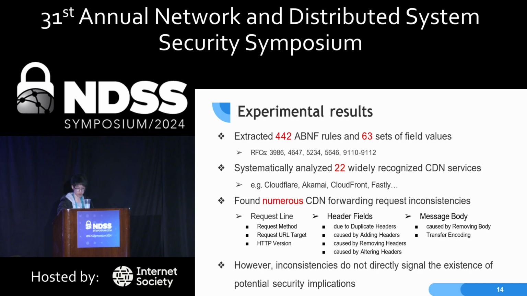In our experiment, we found numerous CDN forwarding request inconsistencies, which appear in the request line, header field, and message body. However, finding the inconsistencies is not the end. These differences are not equivalent to potential security issues, so we need to do something more.